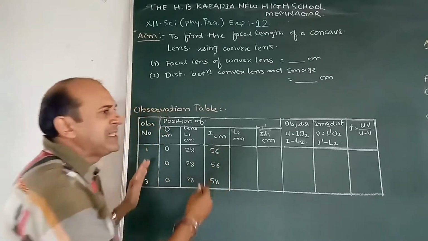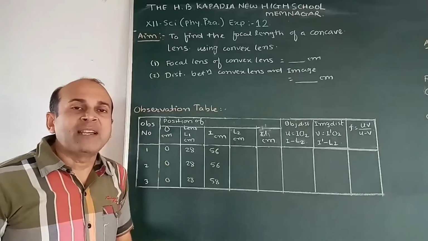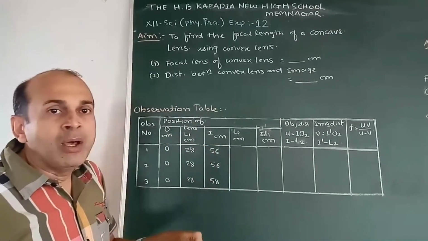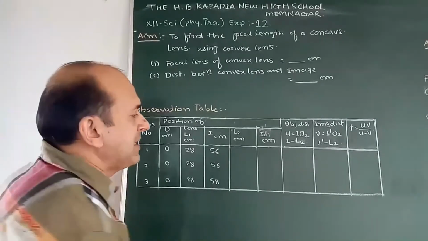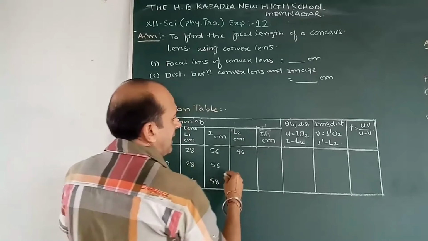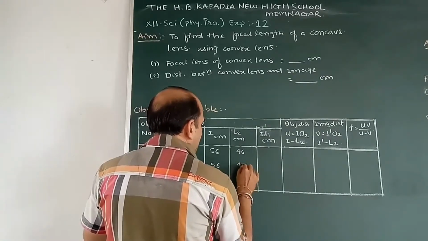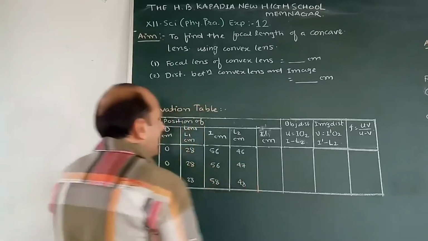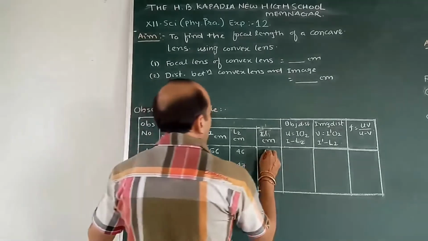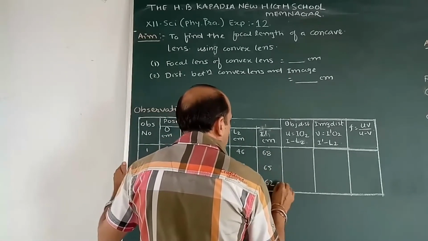This position remains the same. Now we have introduced the second lens L2, and we have placed it at 46, 47 and 48. At that time the image was formed at 68 centimeter, 65 centimeter and 62 centimeter.